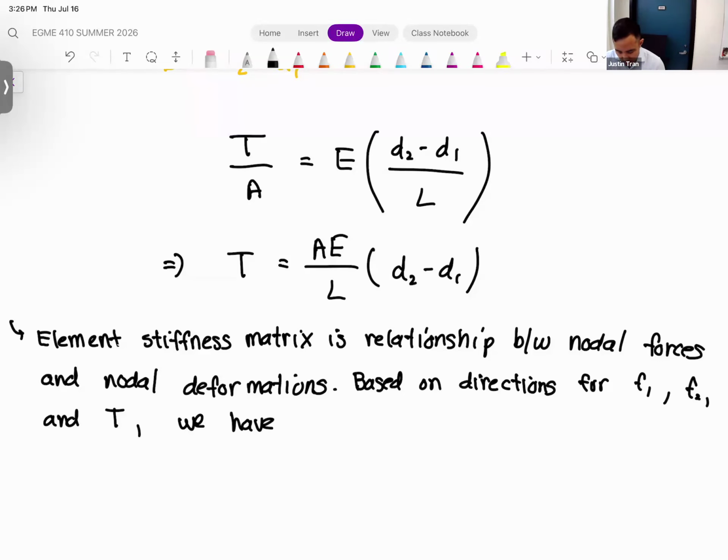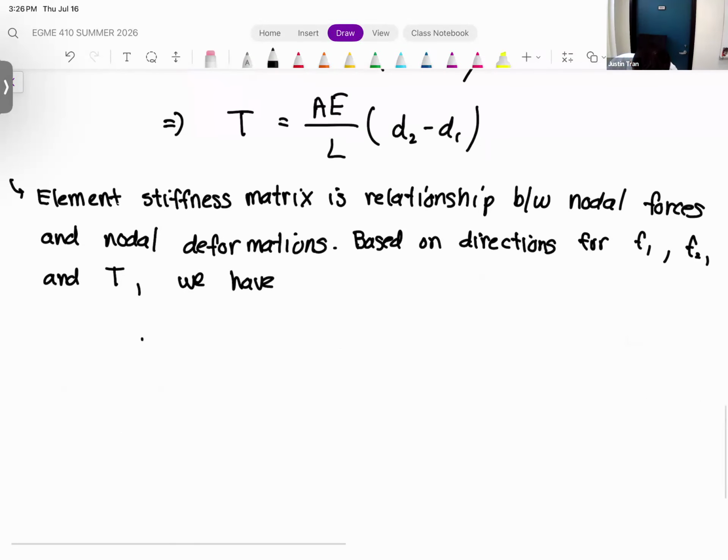If we go back up to the figure, F1 is pointing to the right, but T is pointing to the left, and so they have opposite sign. F2 is pointing in the same direction as T at its location, so F2 must be equal to the tensile force T.